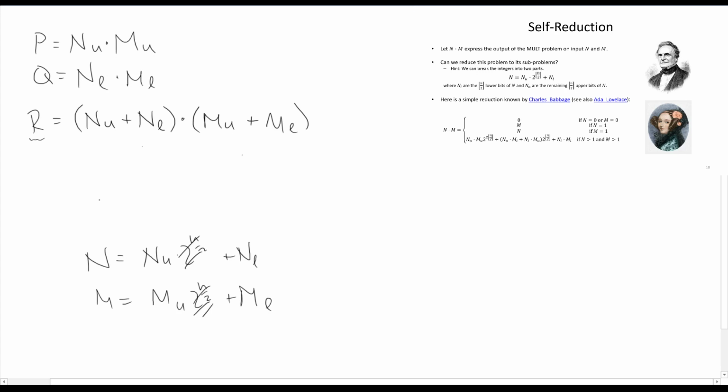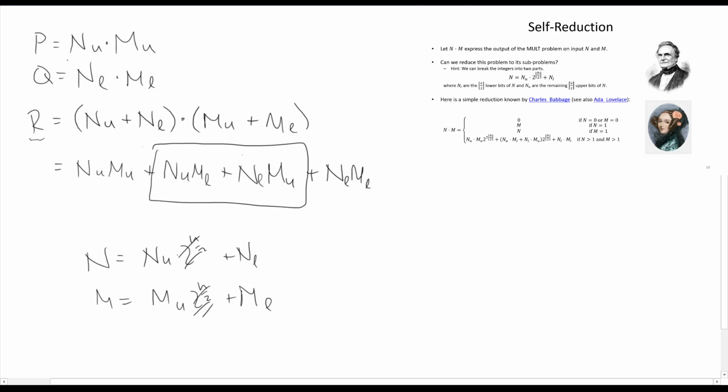Okay, well what does it give us then? Let's multiply it out and see what it gives us. Well, it gives us n upper m upper, plus the upper lower, n upper m lower, plus the lower upper, plus the lower lower. It's not exactly what we want. That middle term that we want is actually these two.